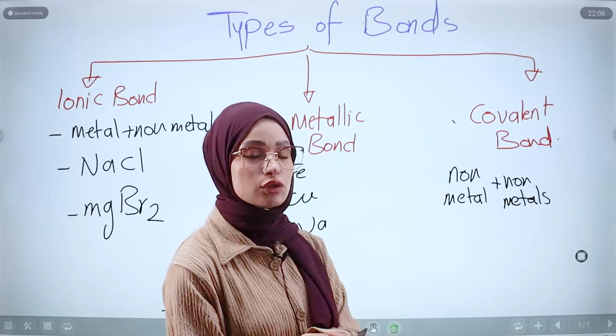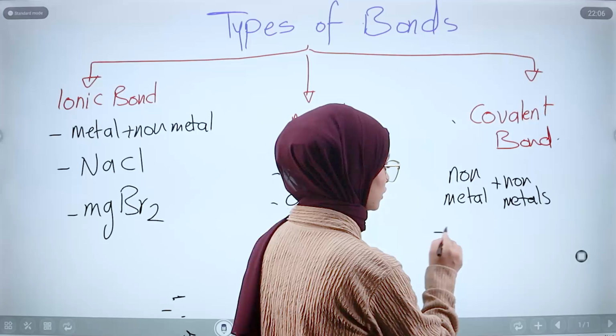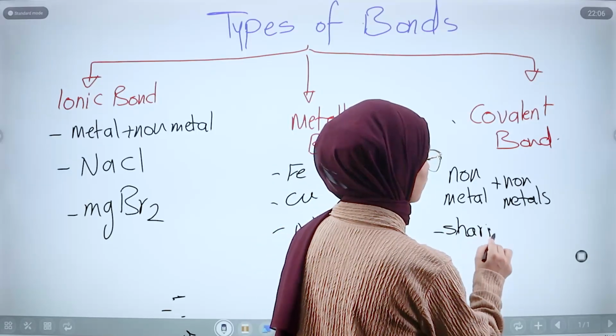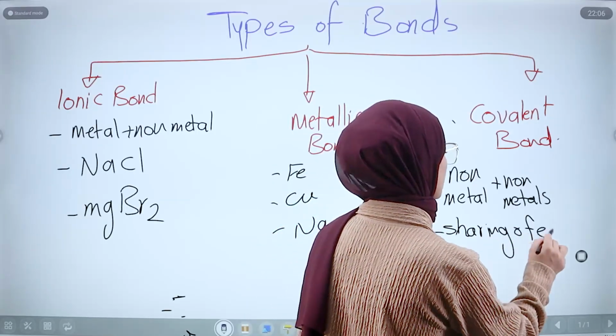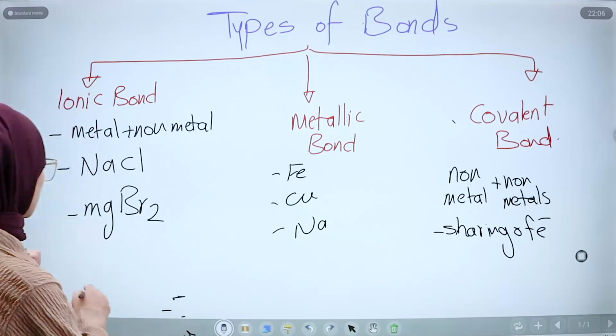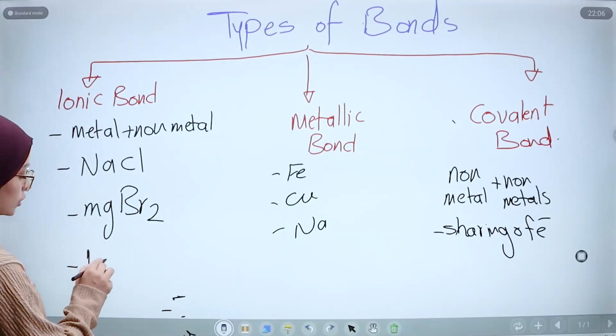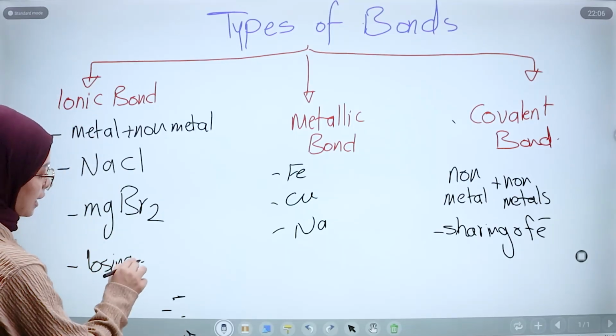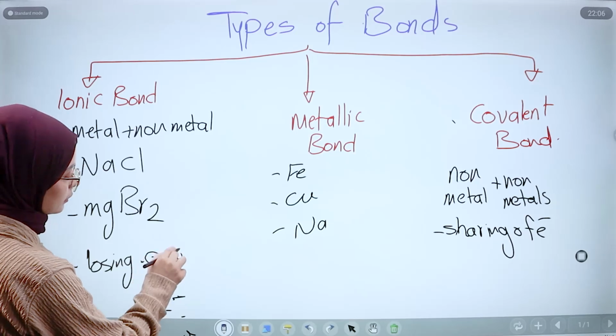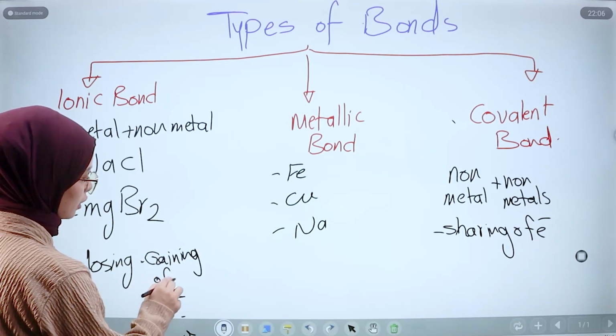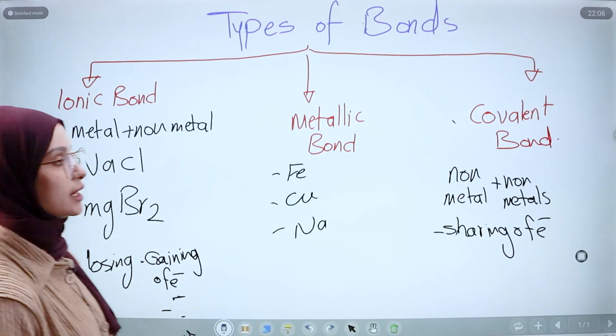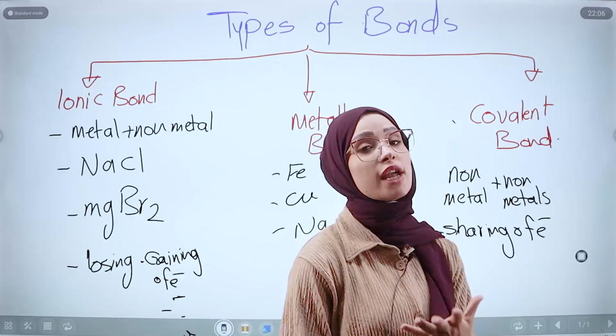Non-metals together share electrons. So this is sharing of electrons. And of course, the ionic bond is losing or gaining of electrons, but the covalent bond is sharing of electrons.